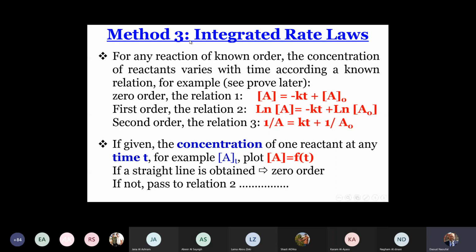This is method number 3, the integrated rate law, or in other words, the use of the formula of the variation of the concentration as a function of time in order to deduce the order of the reaction.